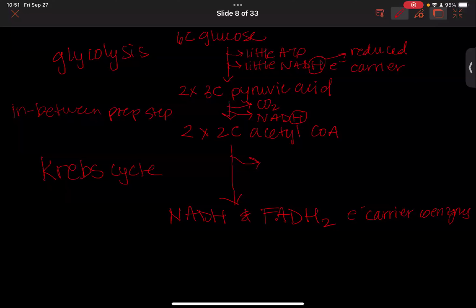You stole electrons in the form of hydrogens. We already saw this. Those are our electrons. These guys are reduced now because they gained electrons. Leo says grr. And in this Krebs cycle, you're also going to give off more CO2 and just a little ATP.